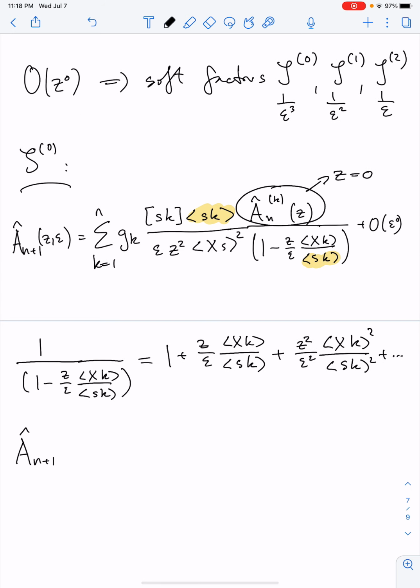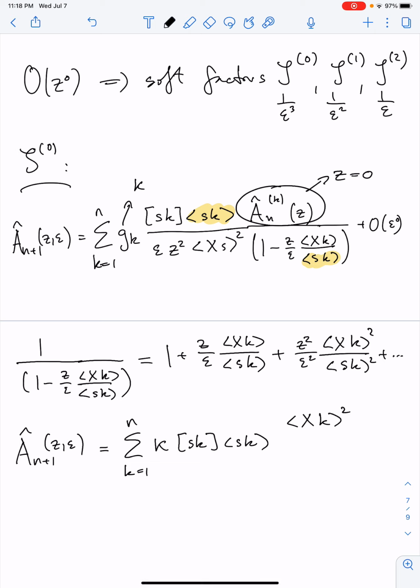I find that a plus n as a function of z on epsilon becomes the sum k equals 1 through n. We now know that the coupling here should be kappa for all k. Then I have square bracket sk times angle bracket sk, and I get xk squared divided by sk squared times xs squared from right here.